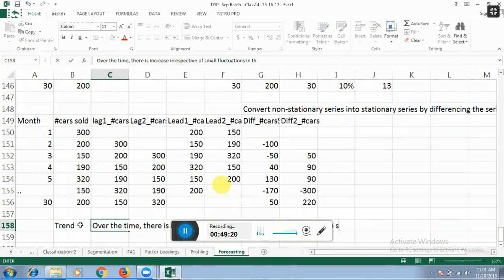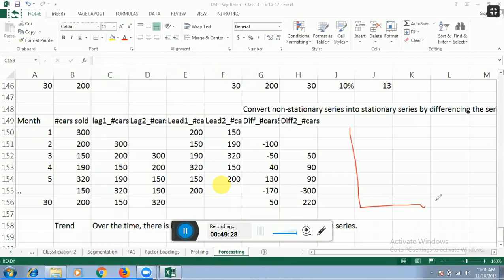So what does that mean? Let's understand this. Suppose this is the x-axis, this is the y-axis, and you have some kind of time series like this. There are small fluctuations, either increasing or decreasing, but over the time you see there is a trend.